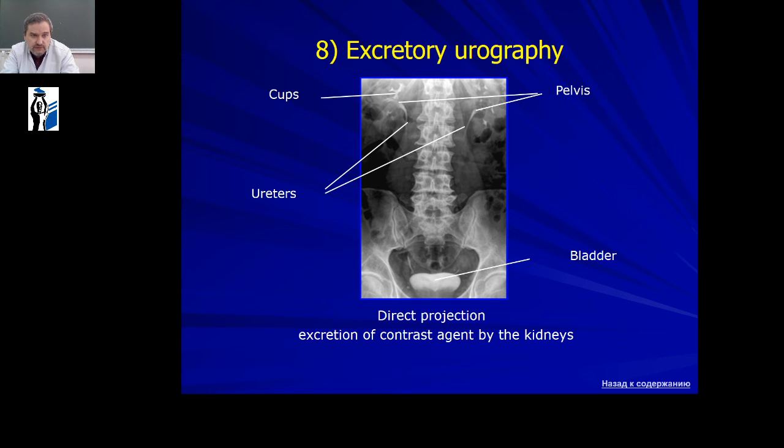We can see both ureters, pelvis, and contrast substances in urinary bladder. Excretory urography in direct projection, and we can see excretion of contrast agents by the kidney.